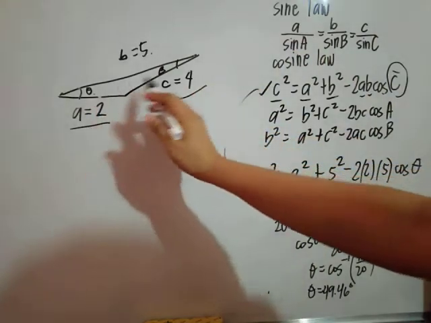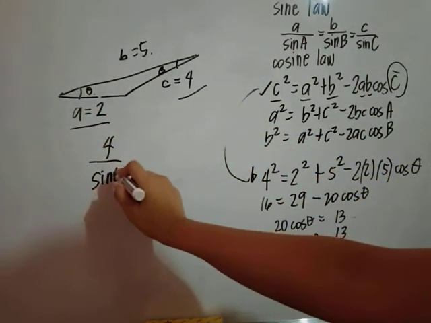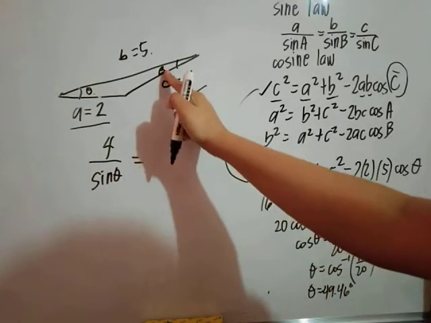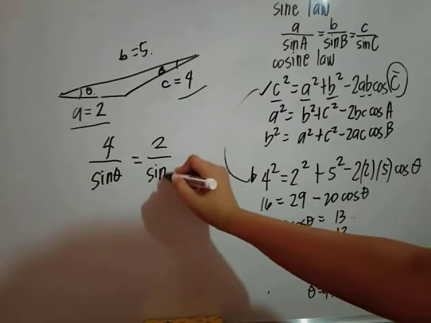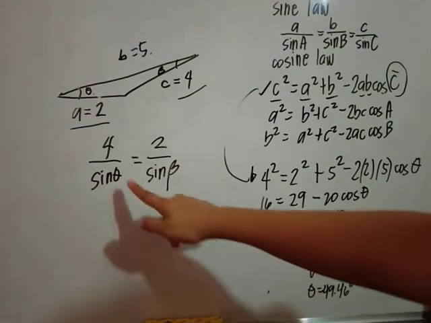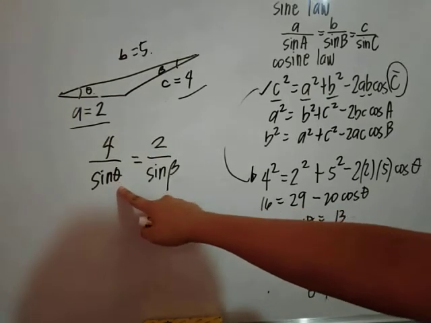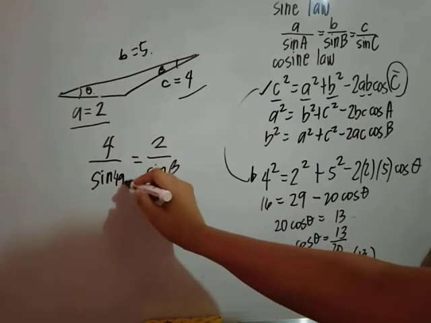So, we have 4 over sine theta is equal to, yung kay beta, 2 over sine beta. So, si theta natin is equal daw kay 49.46.